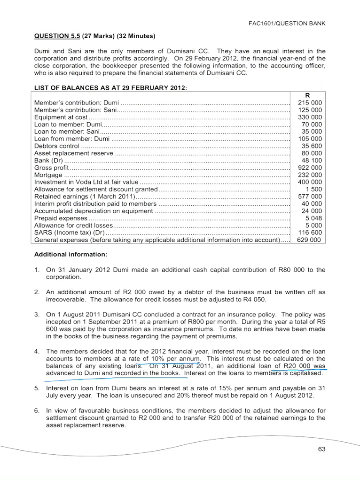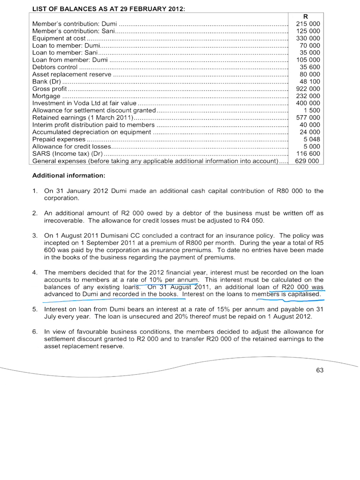Then they are saying the interest on loans to members is capitalized, meaning that the interest that we are going to receive, we are not going to get cash, but we are going to add it on top of the loan account of the members. Are we together?